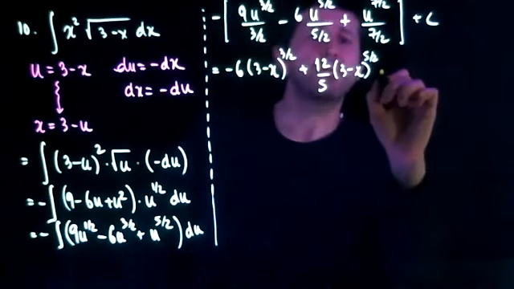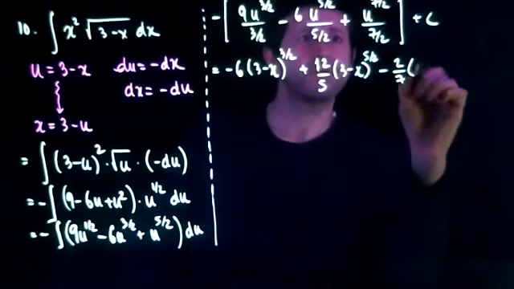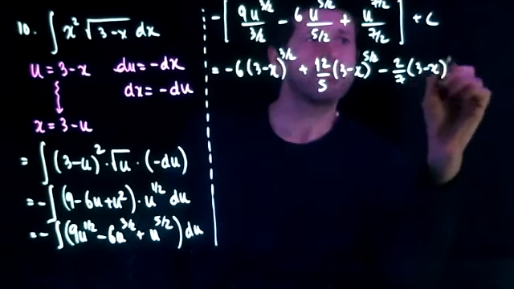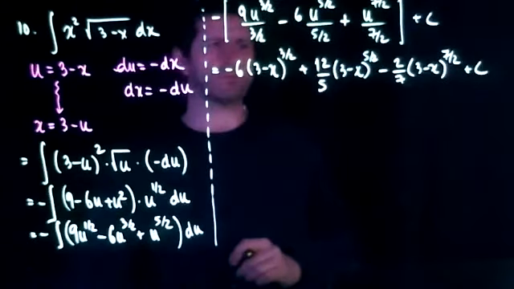And then minus 2 over 7 times (3 minus x) to the 7 over 2 plus c, and that's my answer.